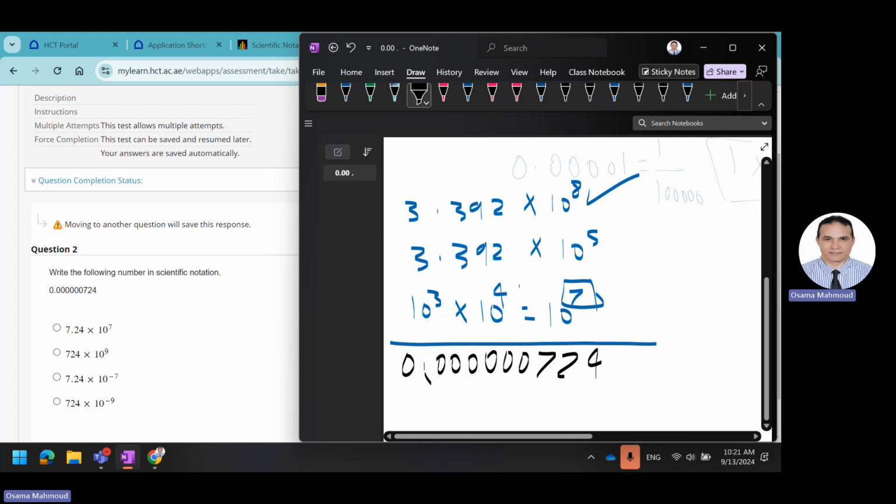So I have to move the decimal up to after the first digit, the first integer, right? So how many places do I move it? 1, 2, 3, 4, 5, 6, 7. So I should have 10 to the minus 7. Why minus? Because this is a small number less than 1, right? And then writing the rest, I put the decimal place here, 7.24. So the right answer is number 3.